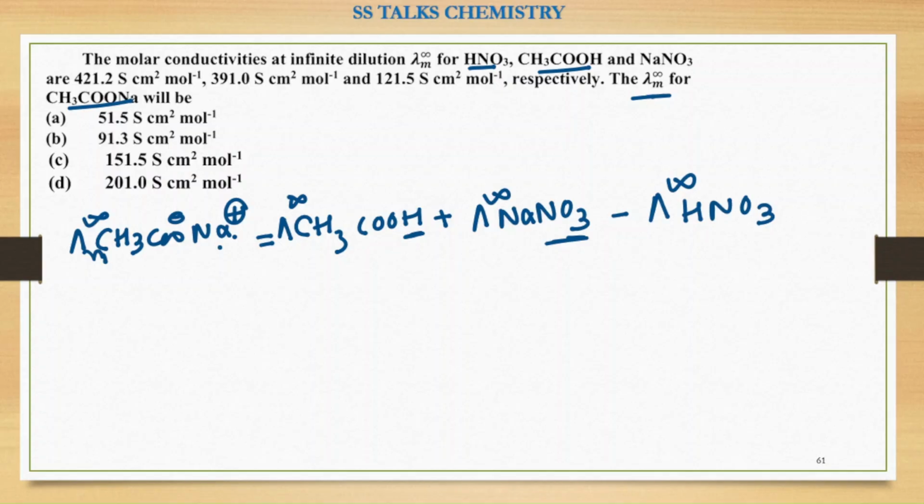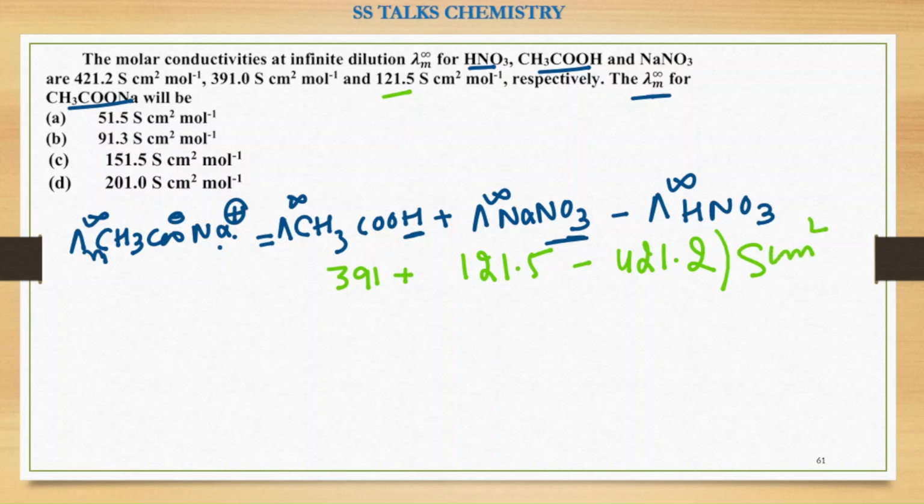For acetic acid, the value is 391. For sodium nitrate, the value is 121.5. And for nitric acid, the value is 421.2. All of this is given to us in Siemens centimeter square per mole inverse.